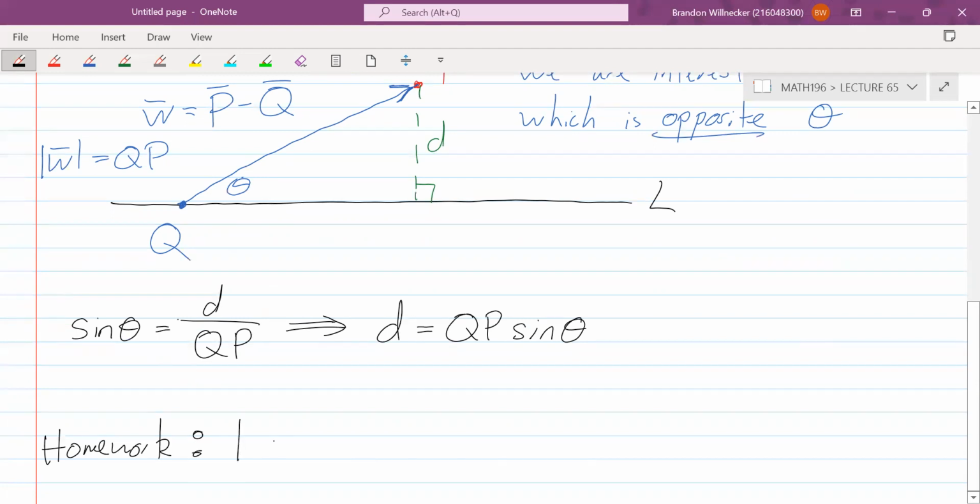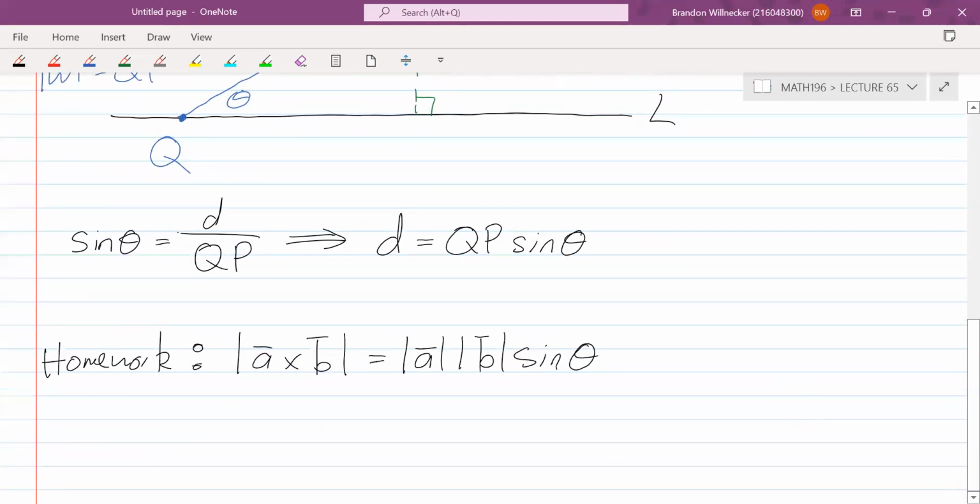The magnitude of A cross B is equal to the magnitude of A, or the length of A, times the length of B sine theta. Okay, that's the same theta that we have between the vectors, like we did with the cross product. Okay, so we want to prove this. I'm going to give you a little hint.